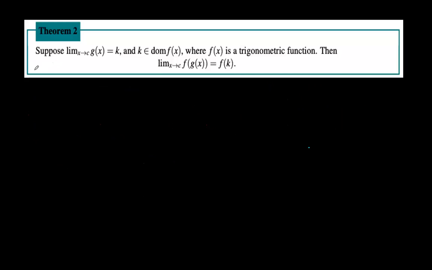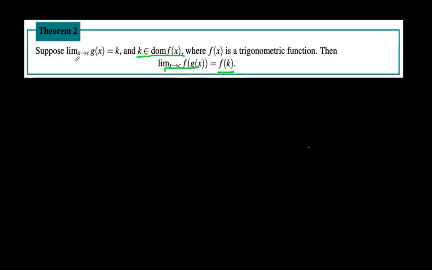So theorem 2 says, suppose the limit of the function g as x approaches c is equal to k, where k is an element of the domain of f of x, where f of x is a trigonometric function, then the limit of f of g of x as x approaches c is equal to f of k.